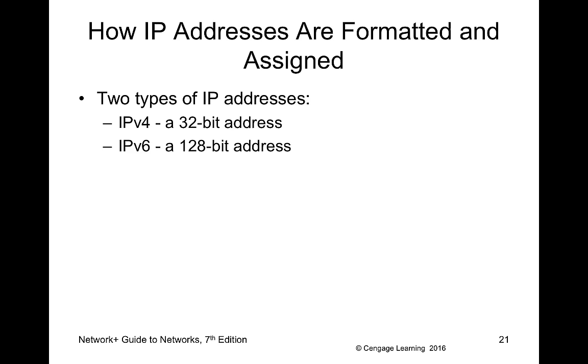Okay, IP addresses. We have two different types: IPv4 and IPv6. You have IPv4, which is only 32-bit addresses, IPv6, which is 128-bit addresses. You will learn a lot more about that throughout this degree program, but IPv4, we're out of them at this point. We're all using, well, we're transitioning to IPv6 addresses.